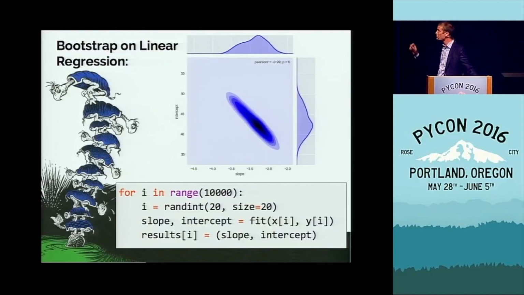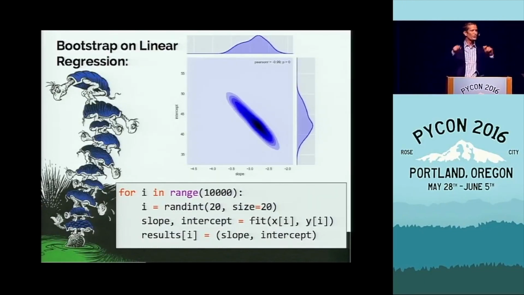If you do the bootstrap resampling here and compute the slope and intercept on the resampled data, you get a nice estimate of what the confidence interval might be. So this gives us a general idea of what range of slopes and intercepts we can expect from the small sample that we've looked at.